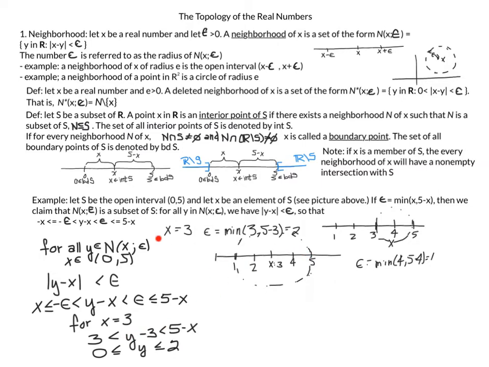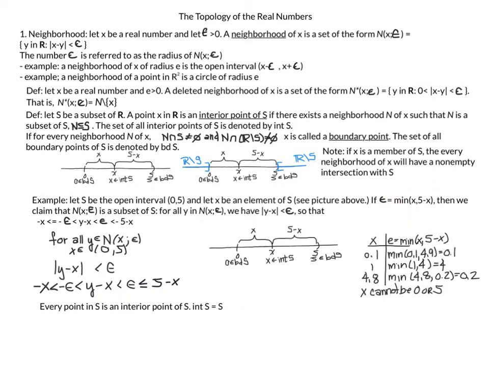These calculations and this drawing are just to show you that we can find a neighborhood using this epsilon. And for different values of X, I've calculated the different epsilons over here. Remember, X cannot be 0 or 5. And we can see that every point in S is going to be an interior point of S. We denote interior with int. The interior of S is equal to S.